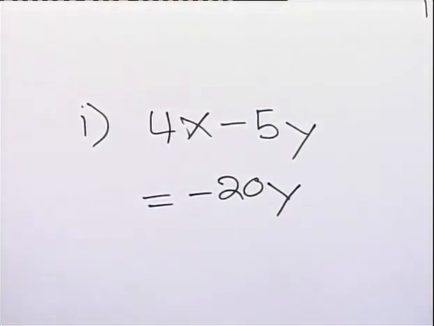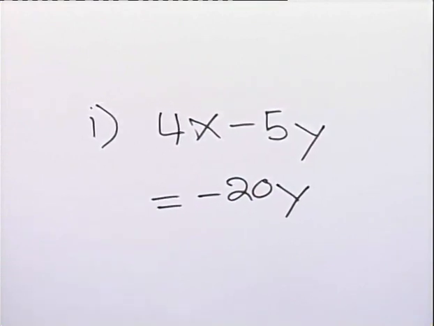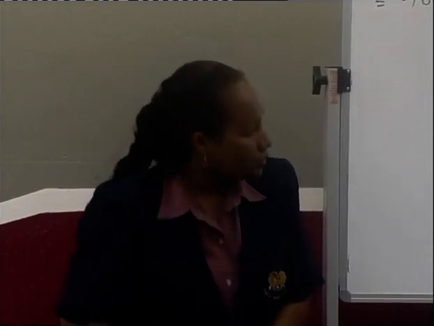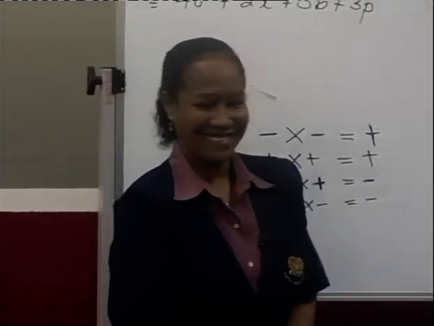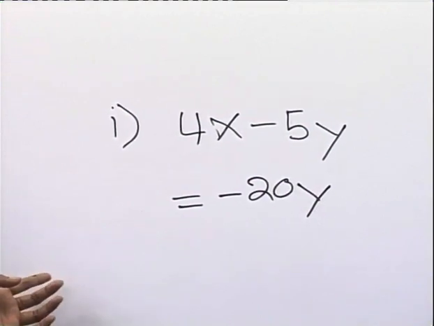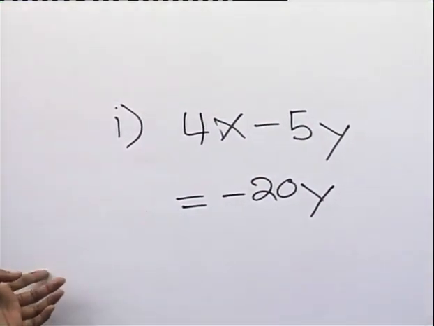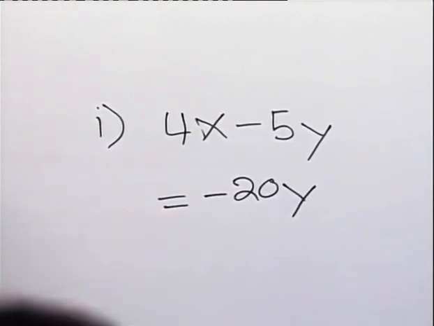Hands up. You agree? Good. Hands down. Hands up if you disagree. Who disagrees? Nobody. Or you're sitting on the fence, meaning you're not sure whether this is right or wrong.